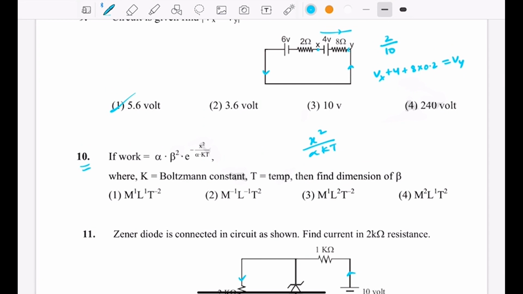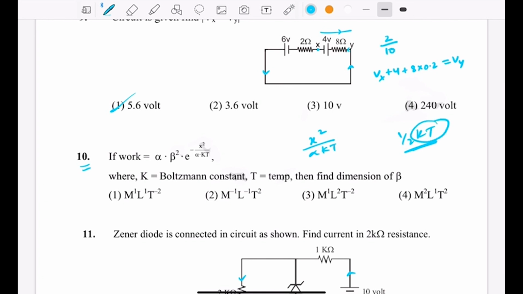Okay, Boltzmann constant. We know the kinetic energy of a particle is half kT. So half into kT gives you energy, half mv square. So this is energy.